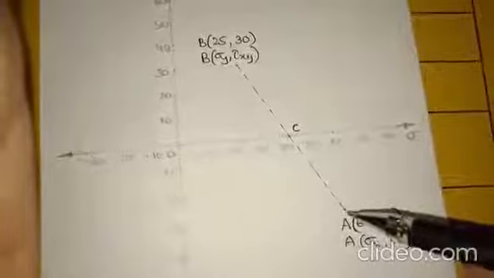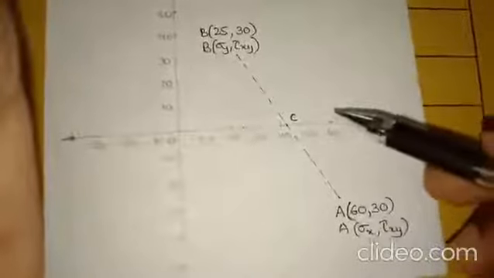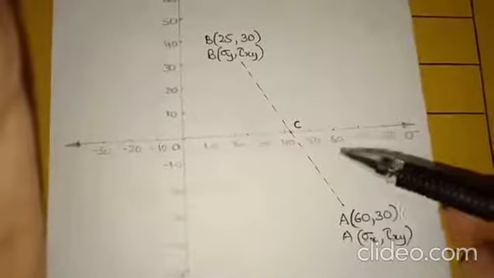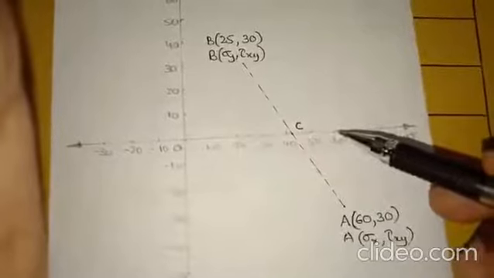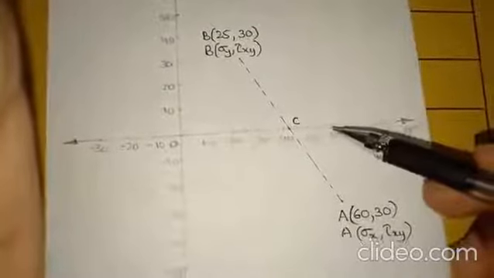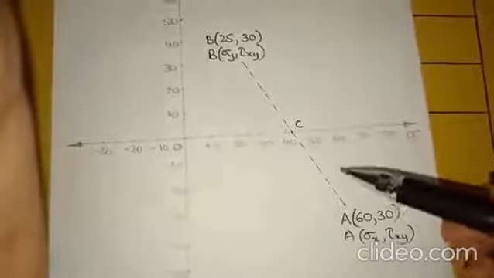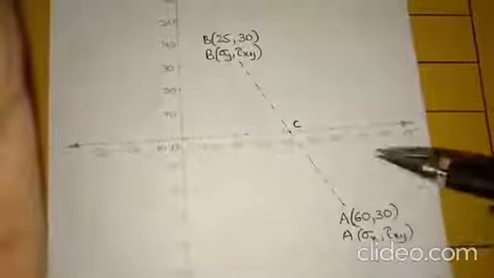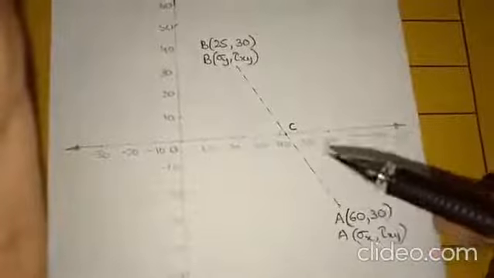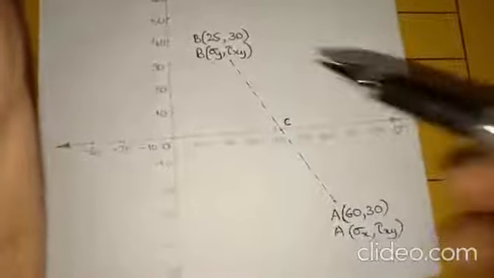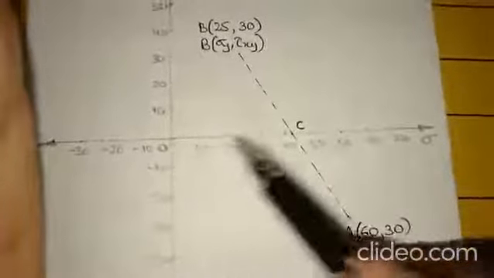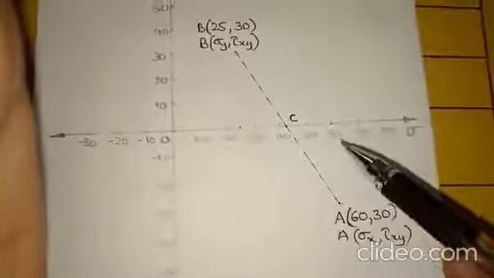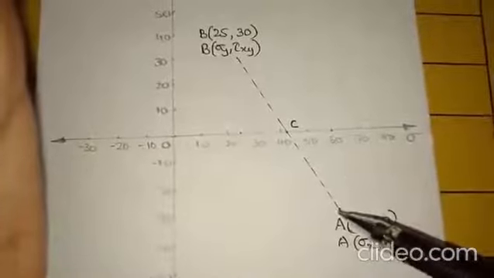So this point you need to remember. If tau xy is positive, for the first point it will be plotted in negative. If tau xy is negative, then for the first point we will plot tau xy in positive. So here we have taken sigma x as 60 and tau xy as minus 30.